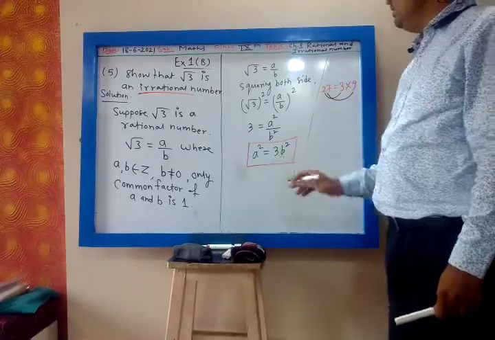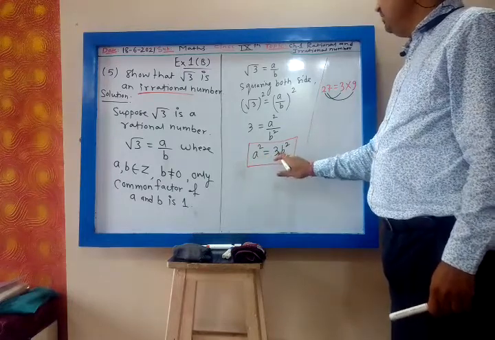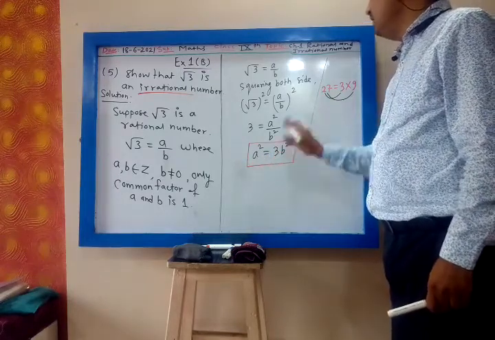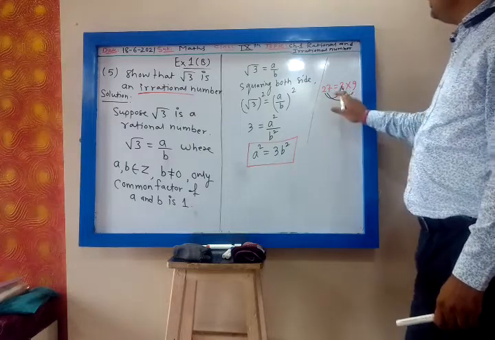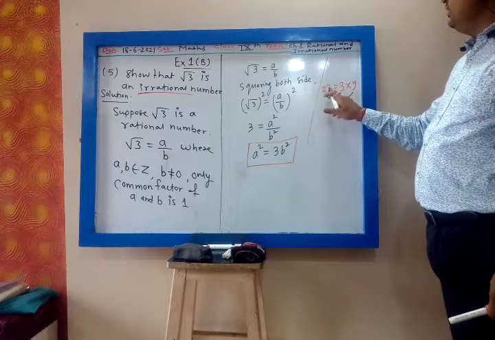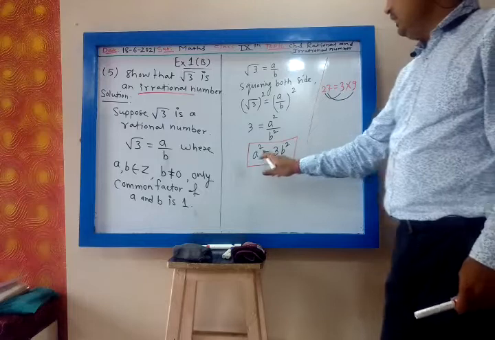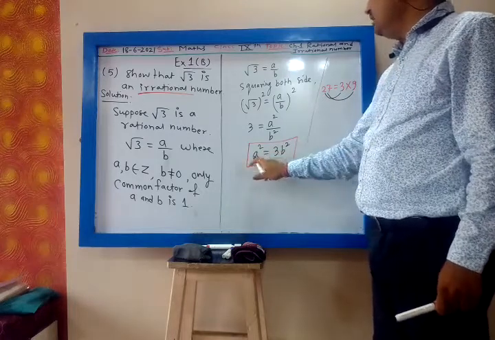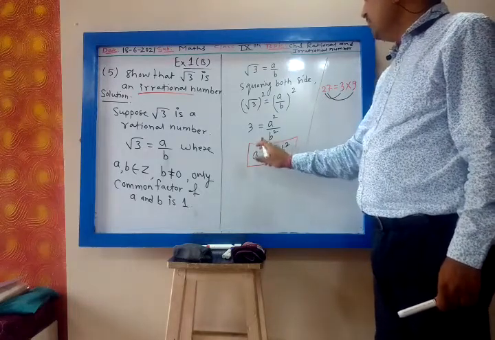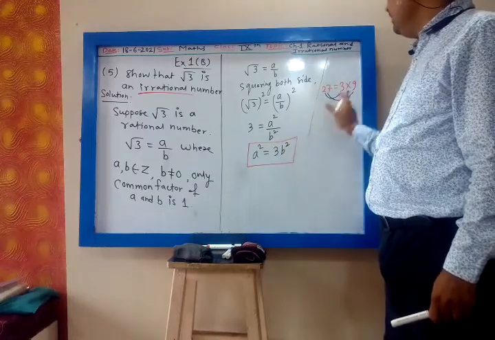Now the same thing is there. a square is 3b square. So if a square is 3b square, assume a square is 27 and b square is 9.